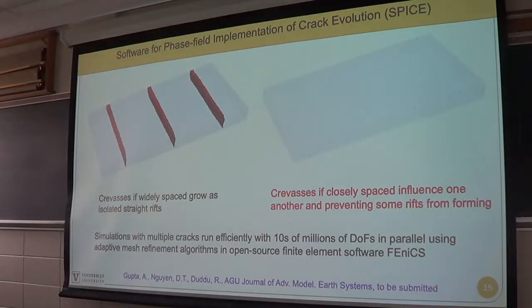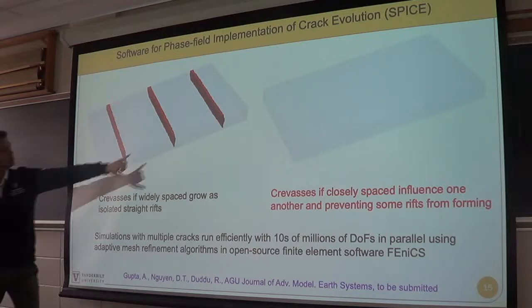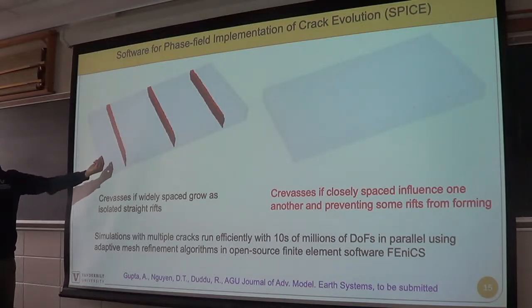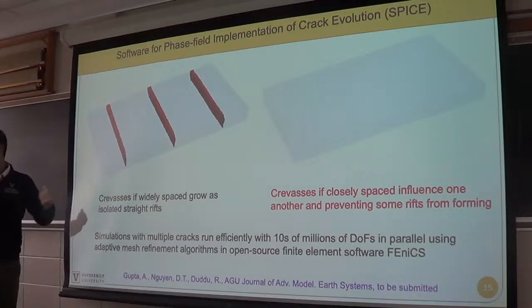But they're still crevasses because they're not that wide. So this width is 750 meters, so that means it's almost a kilometer, and this one is 1.5 kilometers long. And the fractures are resolved with a phase field length scale of approximately 10 meters.